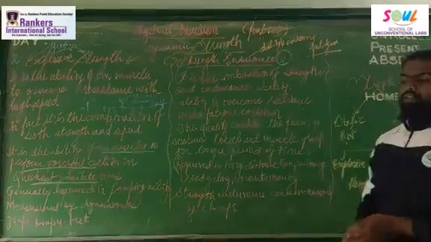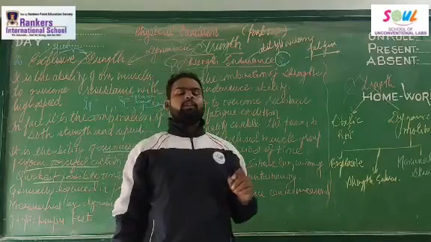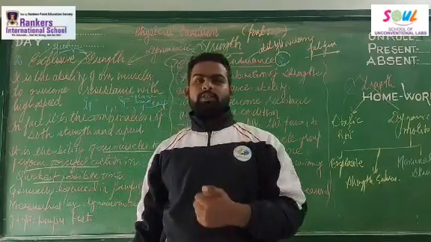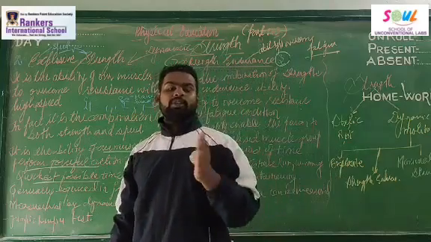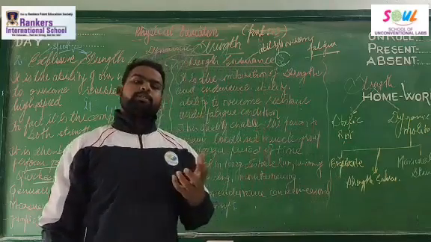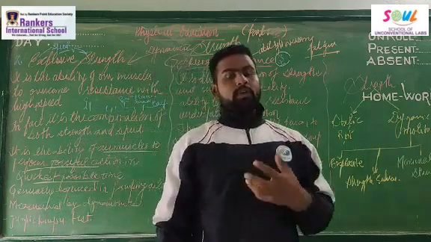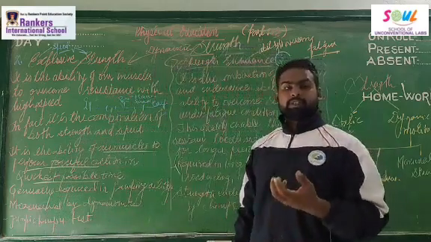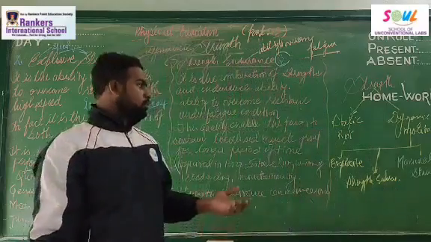I hope you understand what exactly strength is, what the types of strength are, and what the types of dynamic strength are. Strength is the ability to overcome resistance. There are two types: static strength and dynamic strength. Static means to exert force against resistance in a single position. Dynamic means to exert force whenever the body is moving, in motion.